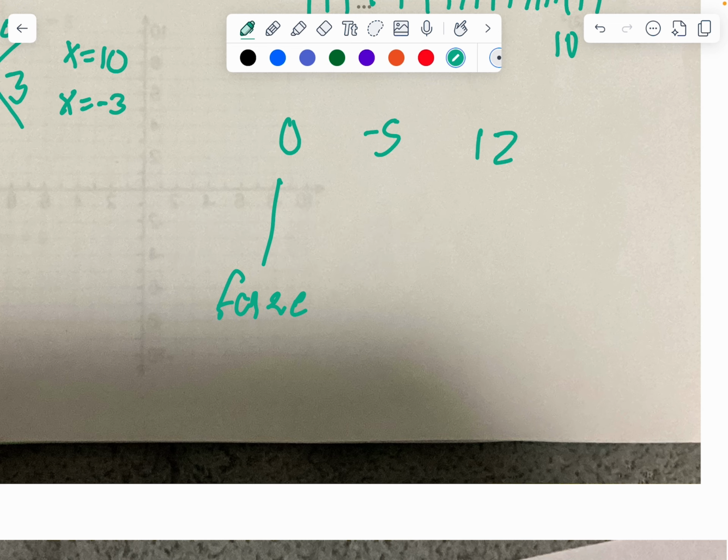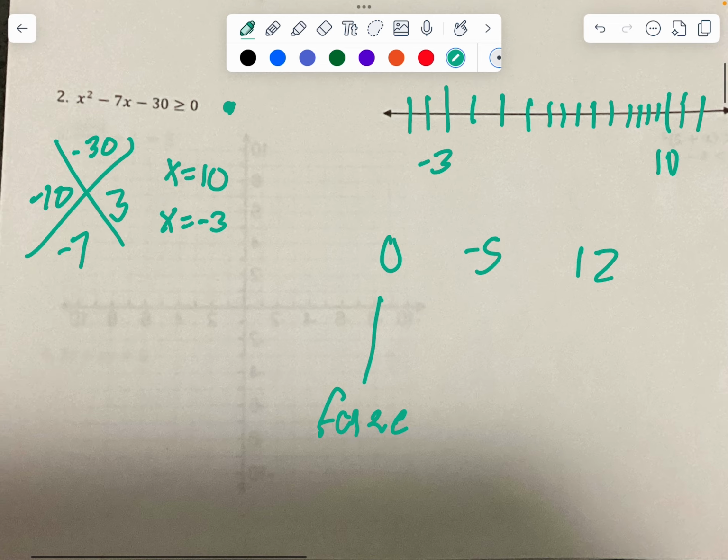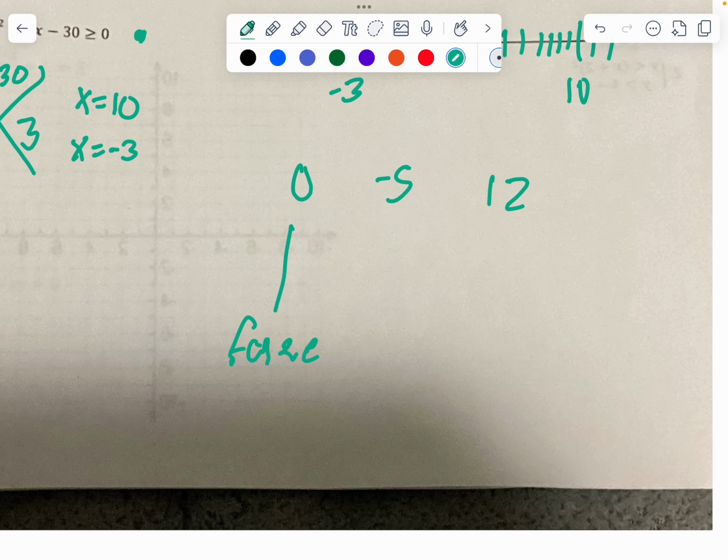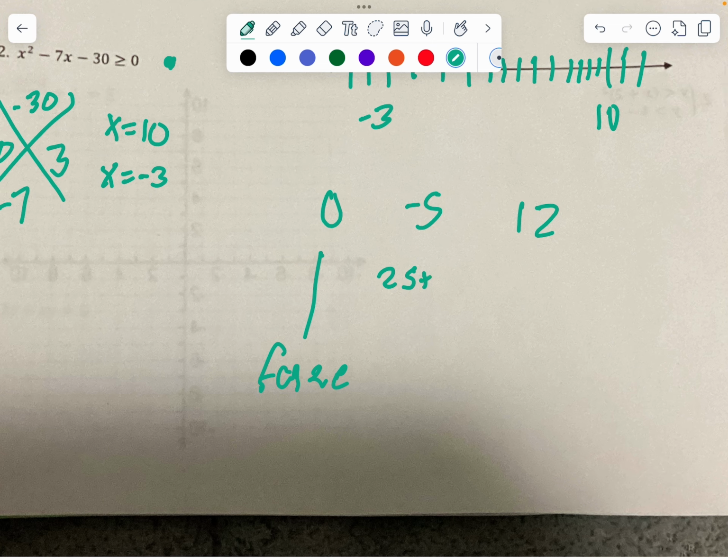For 0, it is false. Try negative 5 now. So we got 25 plus 35 minus 30 is greater or equal to 0. Is this true? Because it's going to be 30 is greater or equal to 0.